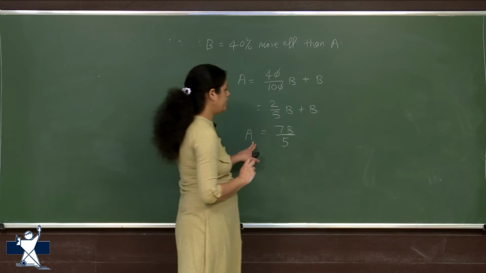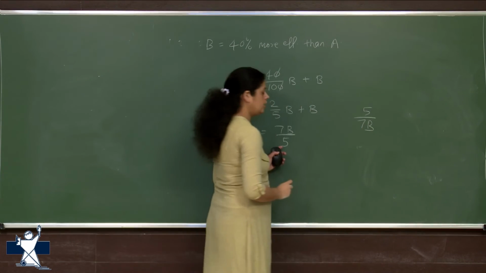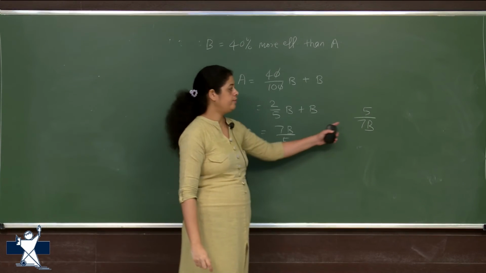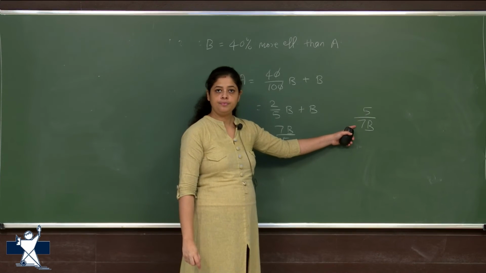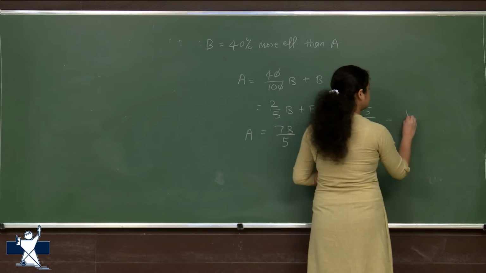So A का 1 डे का वर्क कितना होगा 5/7b, ये टोटल नंबर ऑफ डेज है, तो 1 डे वर्क will be reciprocal of it, and we know that 1 day's work is 1/70.